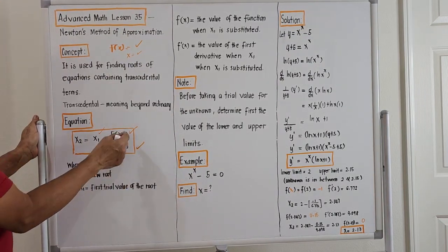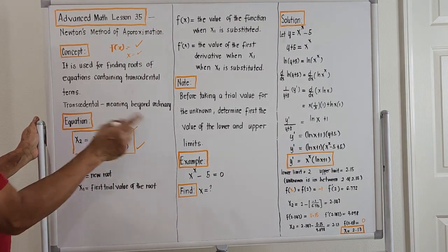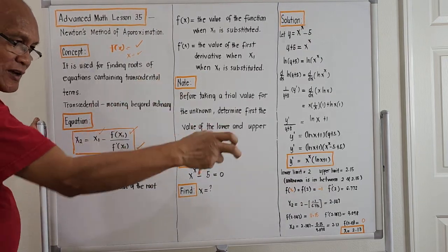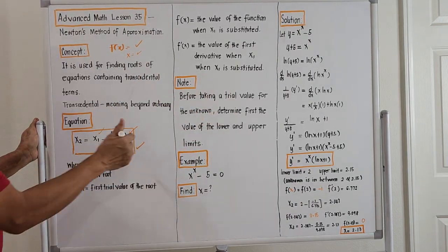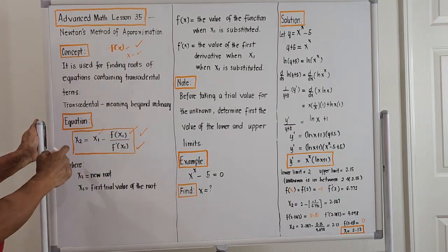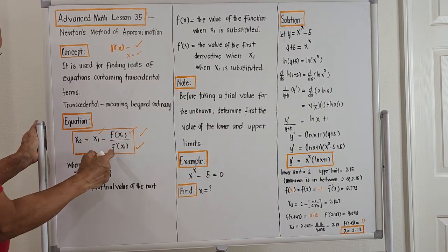So just take the ratio of this, you subtract it from x1, that will be your new solution, which is nearer the exact solution. So this is very important. That is, under Newton's method of approximation, x2 will be x1 minus the ratio f of x1 over f prime of x1.